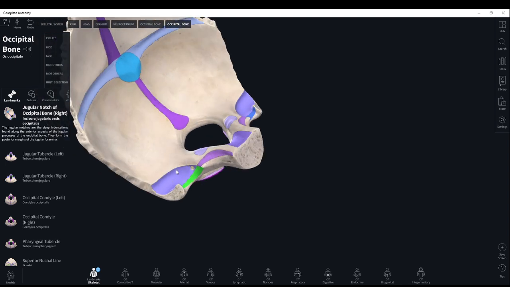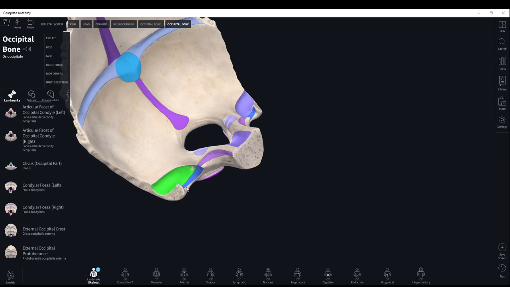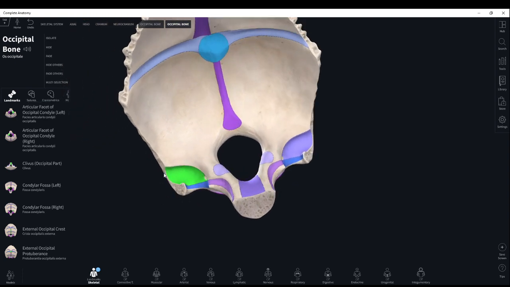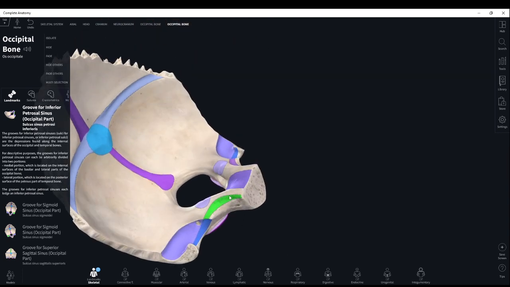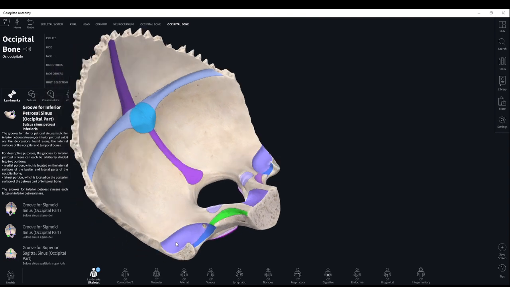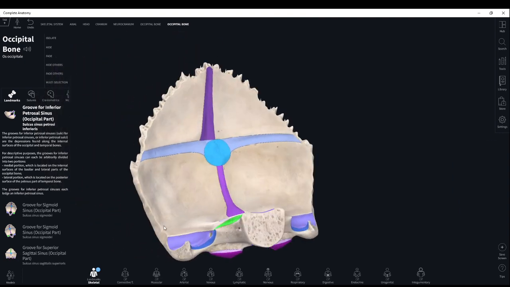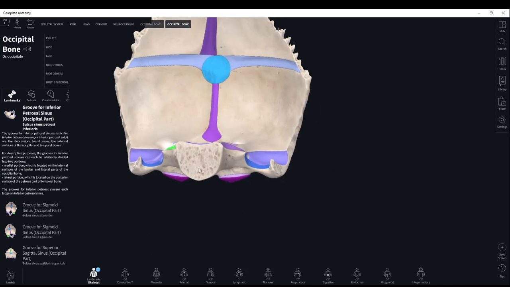Just before it, this large groove is the groove of the sigmoid sinus, sulcus sinus sigmoidei, and it continues to the groove of the inferior petrosal sinus on the side of the basilar part, which also runs to the jugular notch.